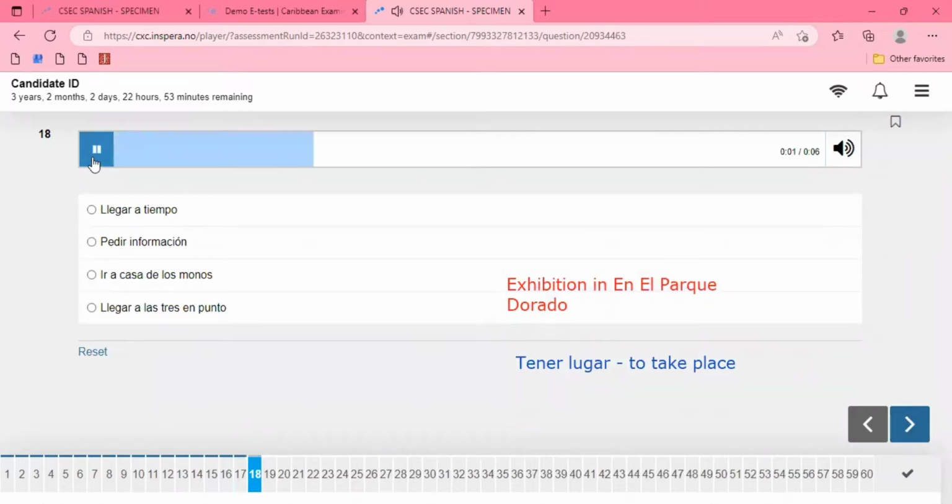Pregunta 18. ¿Qué deben hacer las personas que quieren ver la exhibición? So what do the persons who want to see the exhibition have to do, or what should they do? So again, with this section, you would hear the announcement twice.